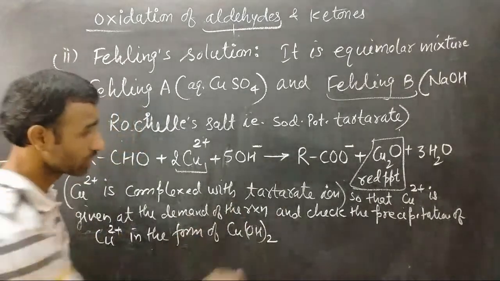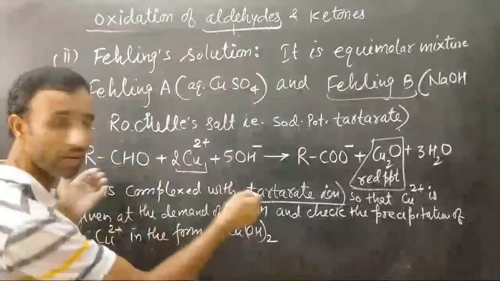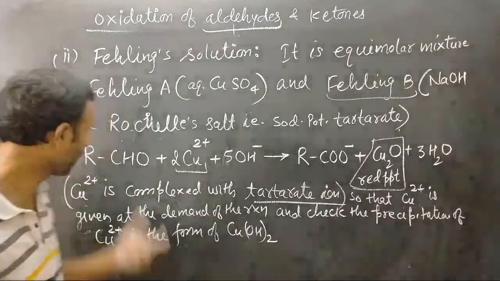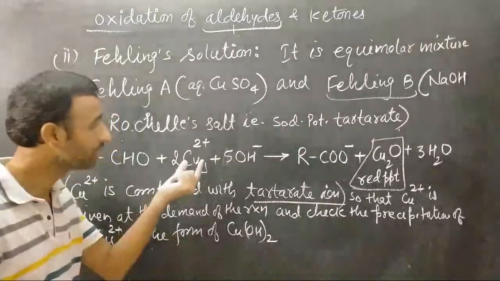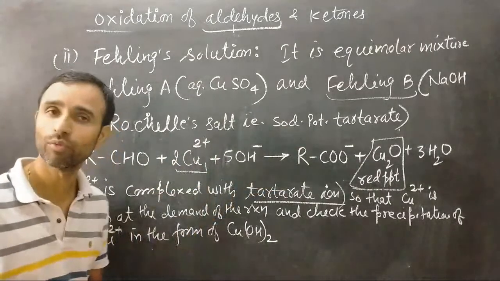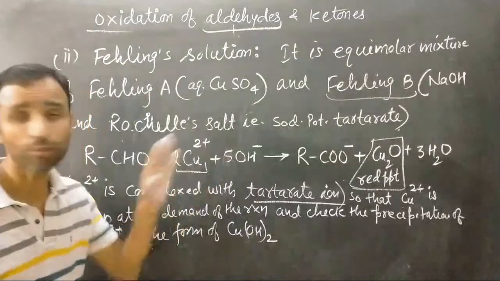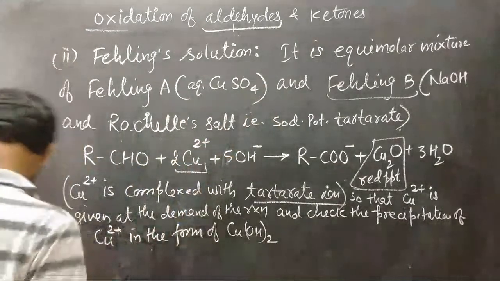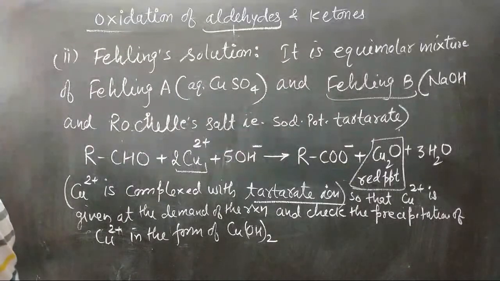So the tartrate ion, the Rochelle salt, is used to form a complex with it, so that it stays in complex form, and only when aldehydes are in the solution will it release copper 2 plus, which will react to give the red precipitate. This is the use of Fehling's B. It forms a complex with copper 2 plus. Any doubt in it?